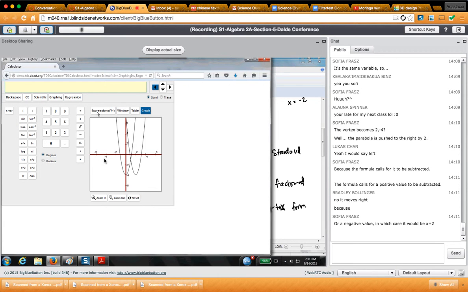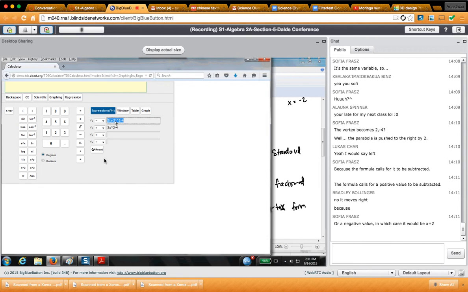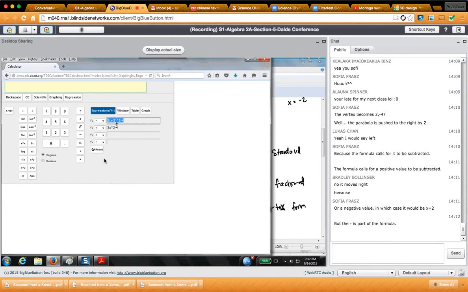The reason why I'm such a jerk about trying to trick you on that one is because a lot of students always tell me that this -2 means it moves to the left, and I can see the intuition in that. I can completely see where you're coming from. But it does the opposite of what you would expect.